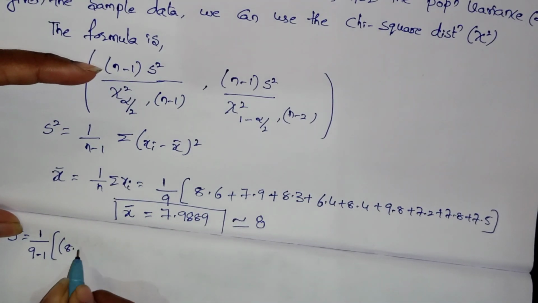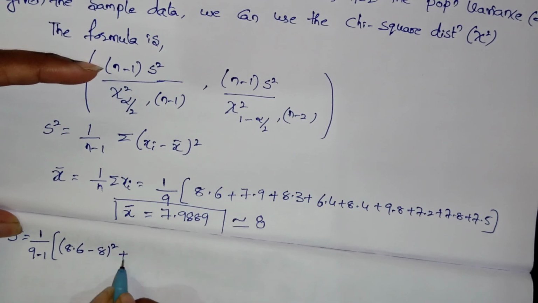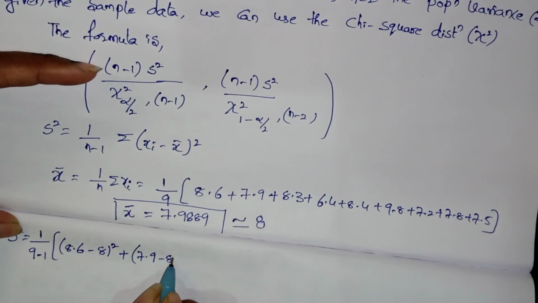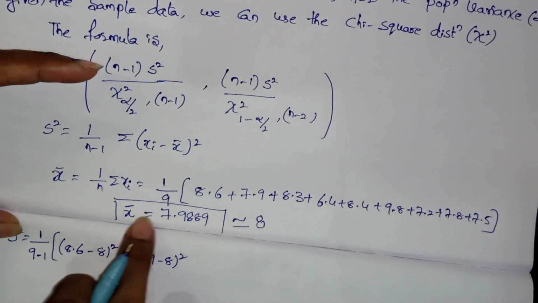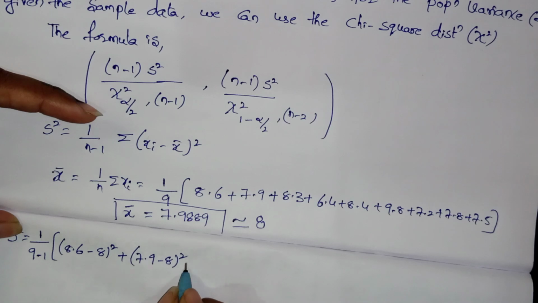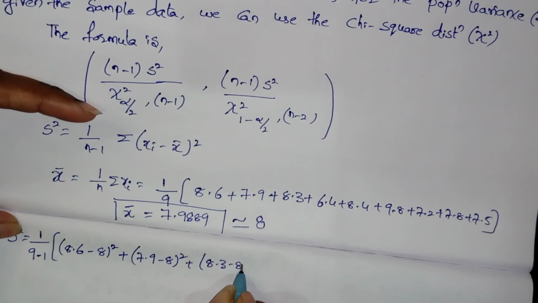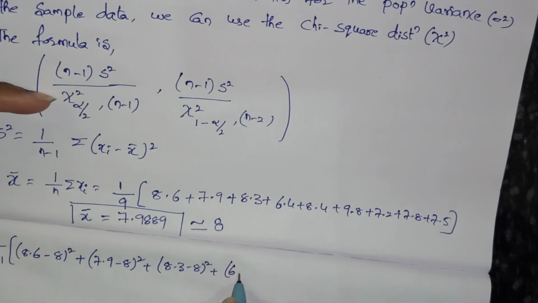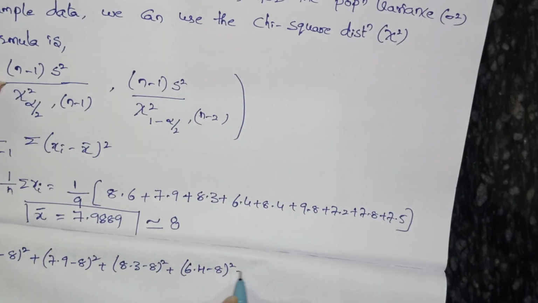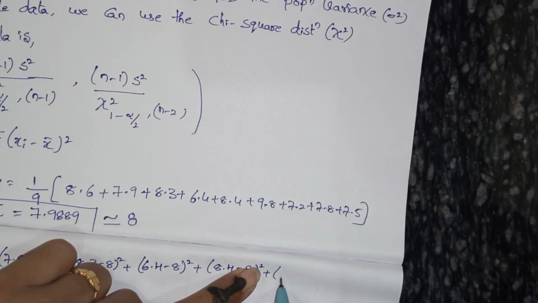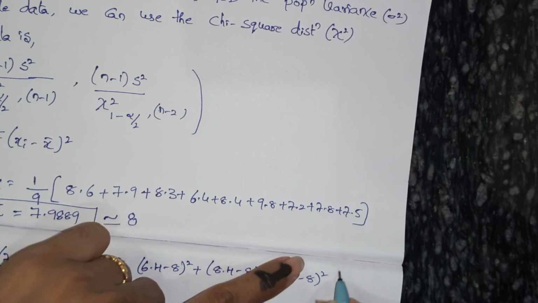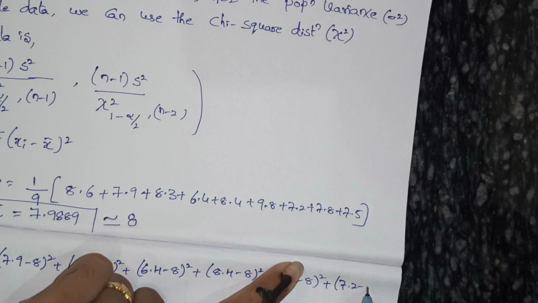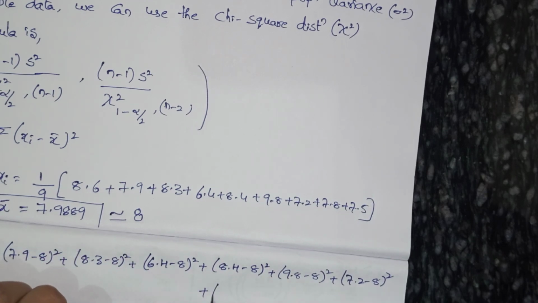So 8.6 minus 8 whole square plus 7.9 minus 8 whole square plus 8.3 minus 8 whole square plus 6.4 minus 8 whole square plus 8.4 minus 8 whole square plus 9.8 minus 8 whole square plus 7.2 minus 8 whole square plus 7.8 minus 8 whole square plus 7.5 minus 8 whole square.